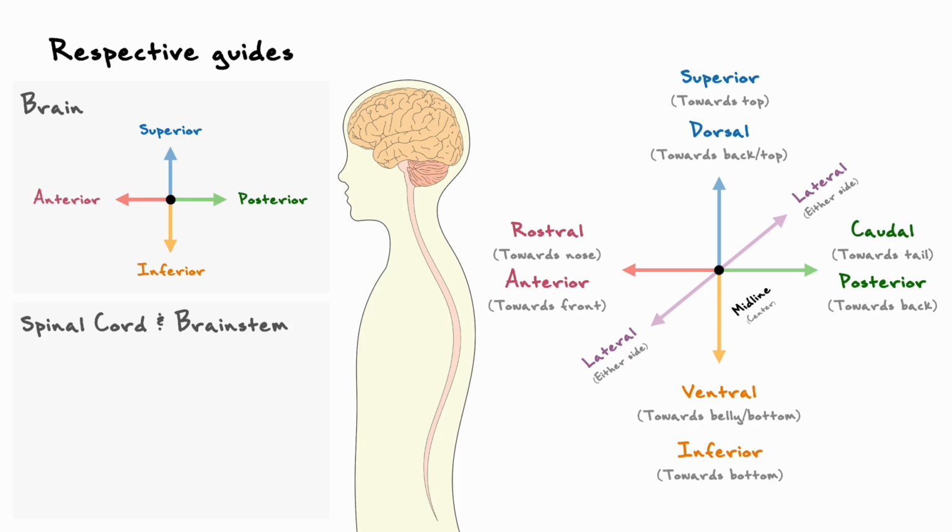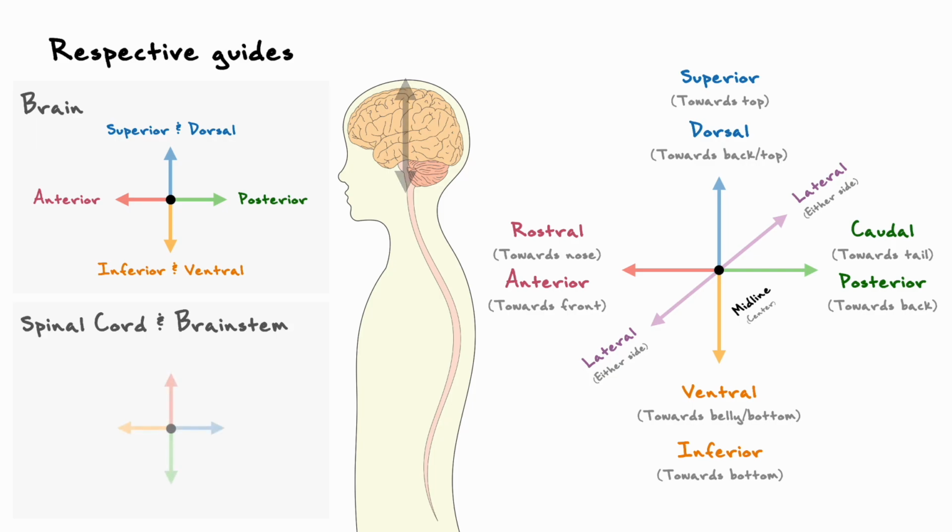In addition, some of the nomenclature for brain structures will use the ventral and dorsal terminology, and because of their definitions of being towards the top and bottom, their axis when applied to the brain will go in the same direction as the superior and inferior axis. For the other axis, rostral and caudal are not often used in the brain, and especially to name structures, so these 6 words describe pretty well how to navigate the brain.